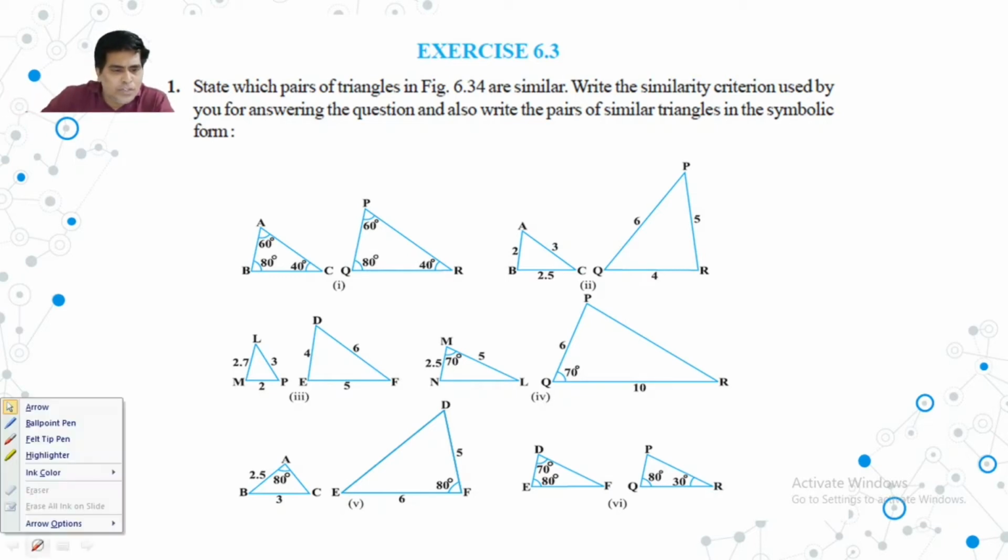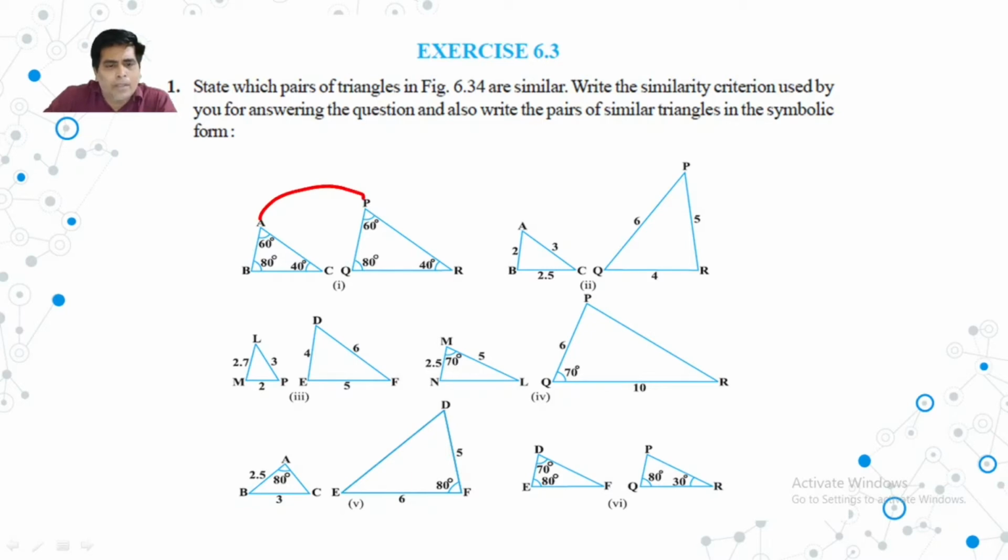In the first question, clearly angle A and angle P are equal. Angle B and angle Q are equal, 80-80. Angle C is 40, angle R is also 40. Clearly, triangle ABC is similar to triangle PQR.